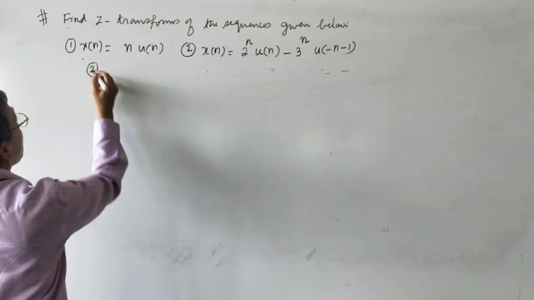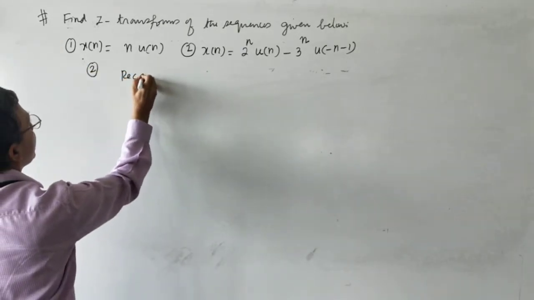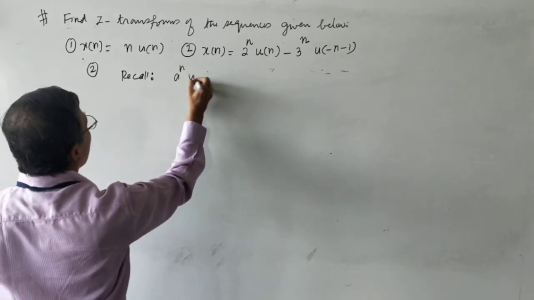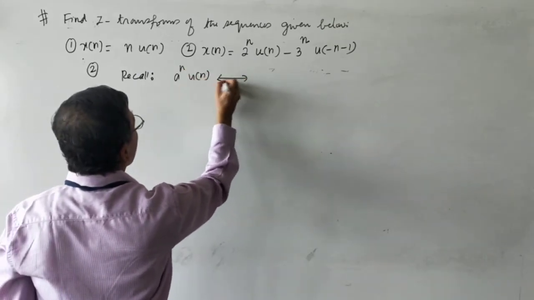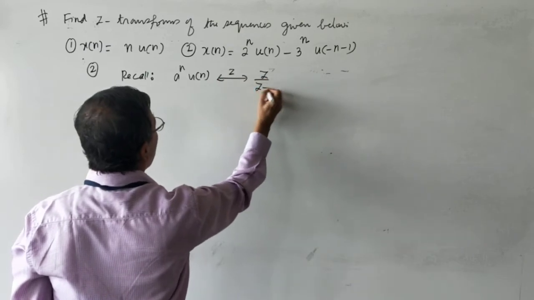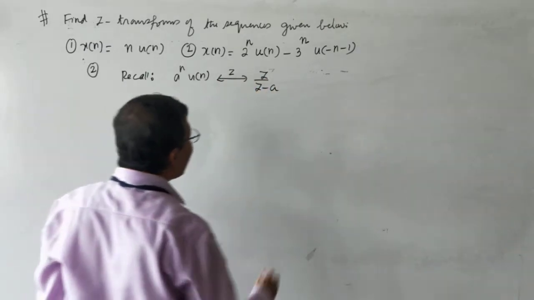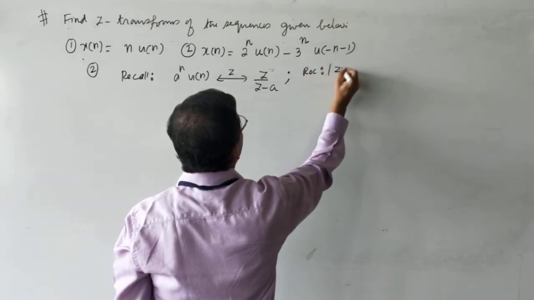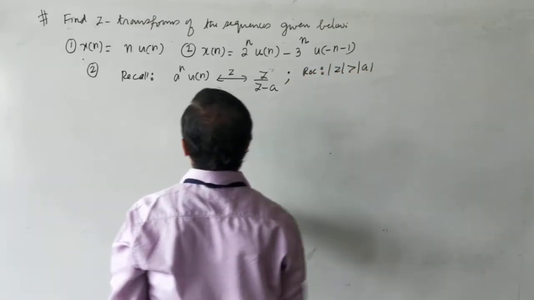Second one, solution. Recall, a to the power n into u of n has a z transform z by z minus a. What is the ROC? ROC is mod z greater than mod a.